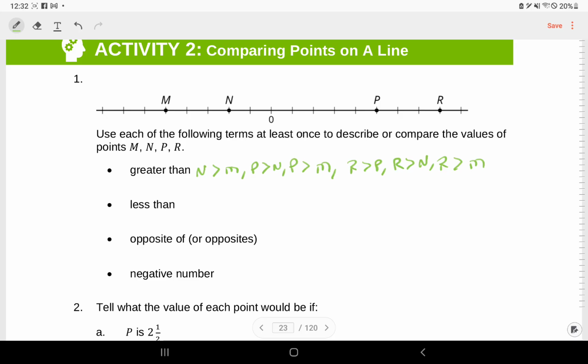Any of those answers works. And then for less than, we're basically just switching it around.